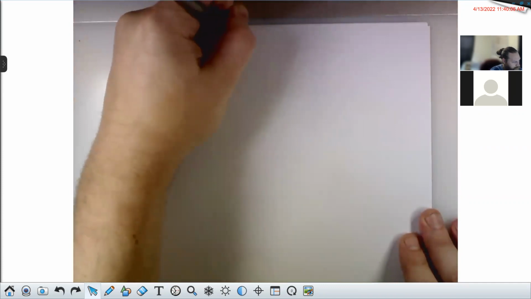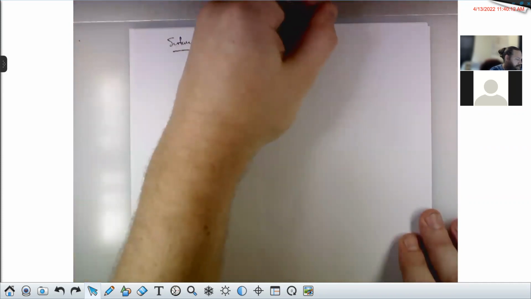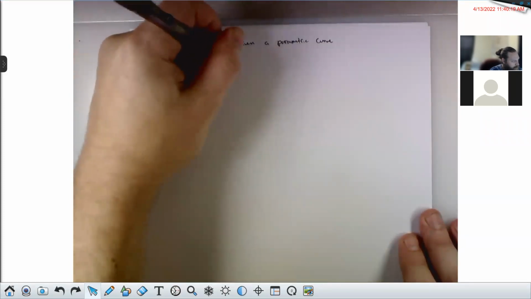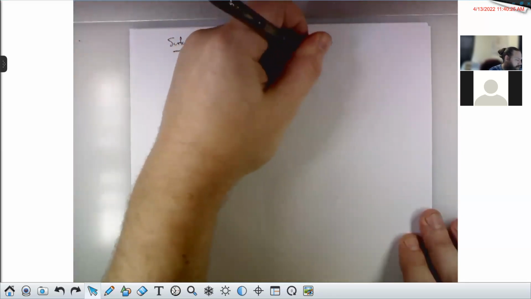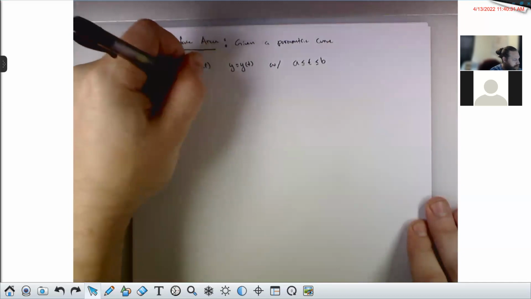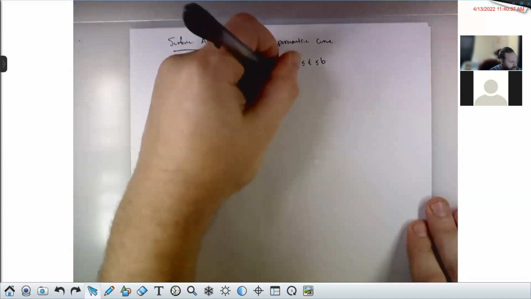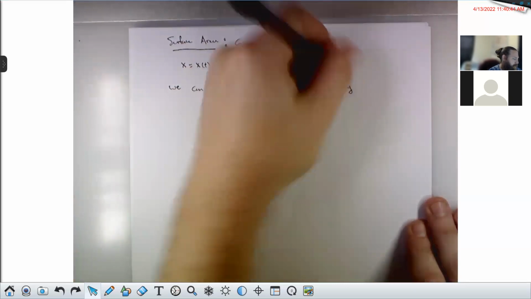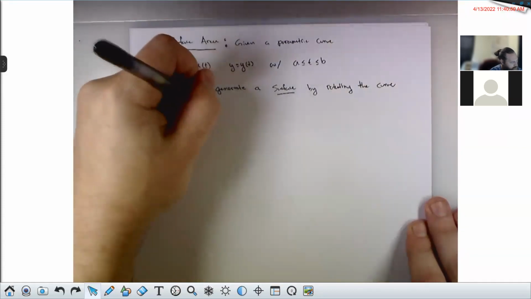Given a parametric curve, x equals x of t, y equals y of t, with a less than or equal to t less than or equal to b, we can generate a surface by rotating the curve around an axis.